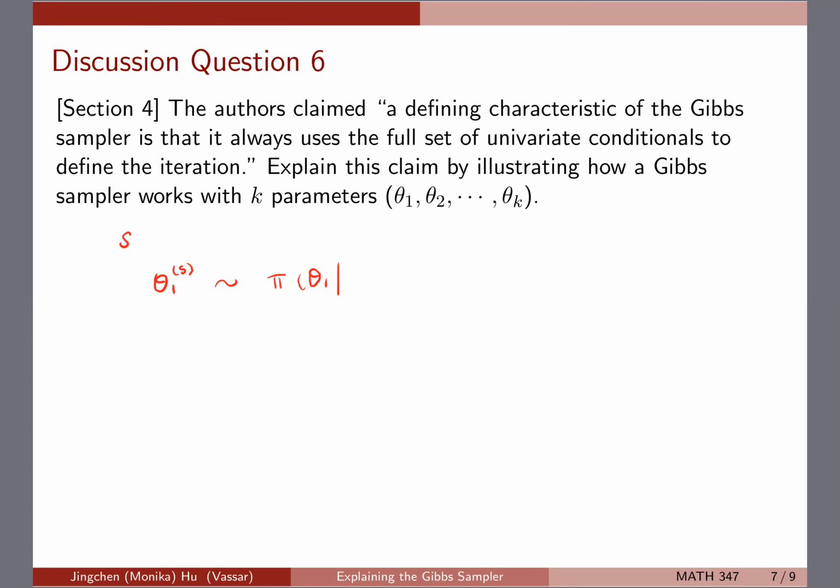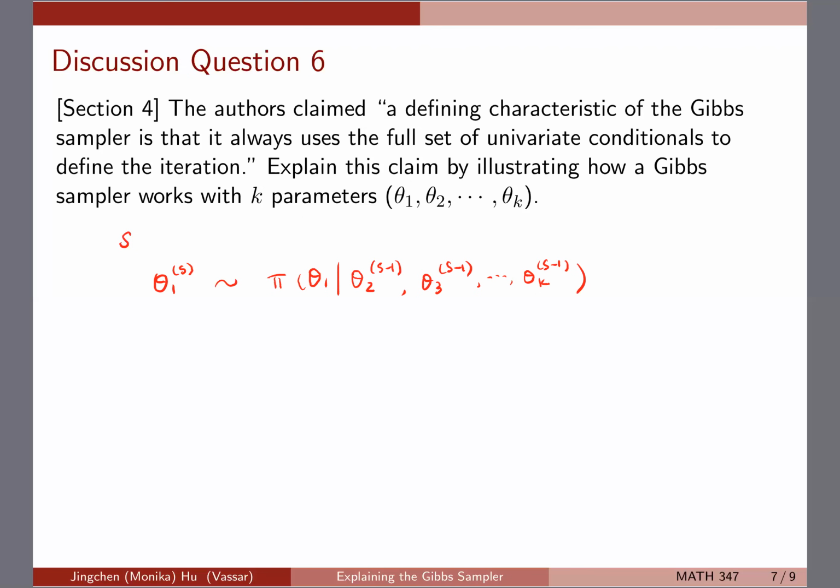In this case, at a particular iteration, it's important to add the iteration index here, in the sense that right now we only have the remaining theta 2 to theta k from the previous iteration, right? So that's pretty important. And I think that's good when we get the first theta 1s.